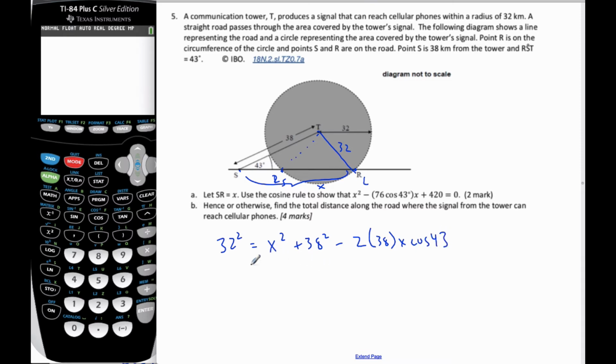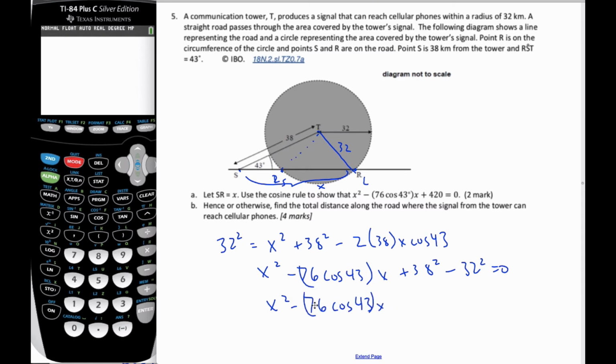If I rearrange that, I get x squared minus 76 cosine of 43 x, plus 38 squared minus 32 squared equals 0. I'm only doing the extra step because if it says show that, you really have to make sure that the reader knows where it all comes from. And when I do 38 squared minus 32 squared, it will indeed be 420.